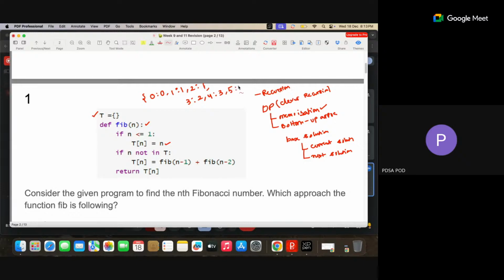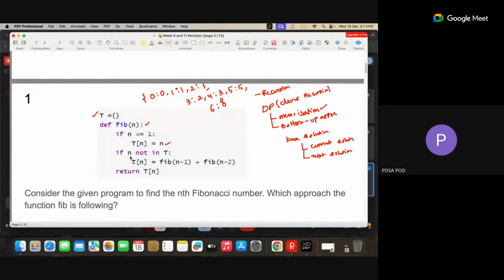Fifth Fibonacci is 5. Sixth Fibonacci is 8. So what is the use of this? Whenever you are calculating the fifth Fibonacci, the already available third and fourth Fibonacci are used. Yes, that's the thing.